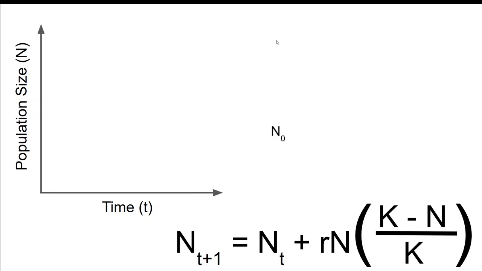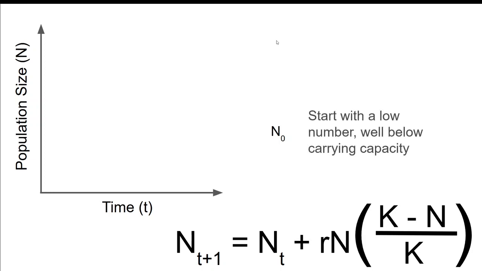So we're going to start out, like a lot of the illustrations of these models, at a very low N. What I mean by that is our N sub 0, wherever we're starting looking at this population, we're going to do so very, very far from the carrying capacity. So most populations will start off and will exhibit something similar to exponential growth, right?